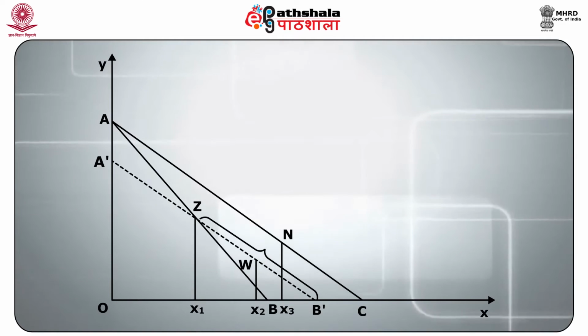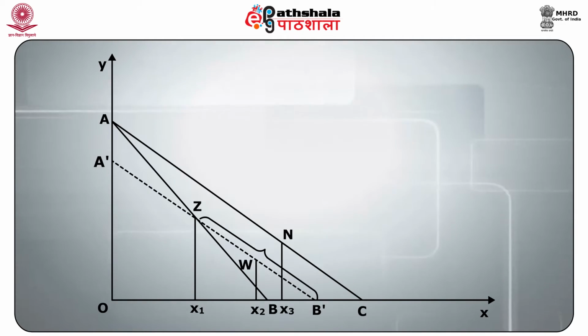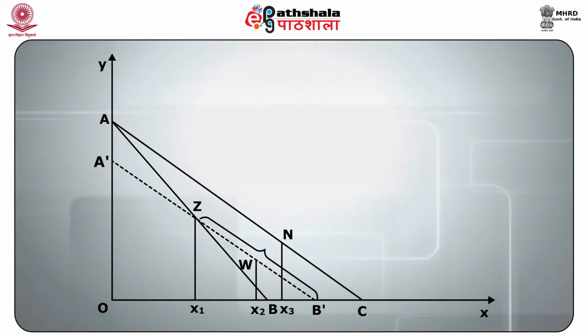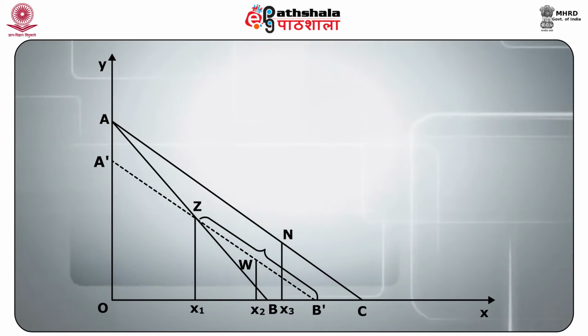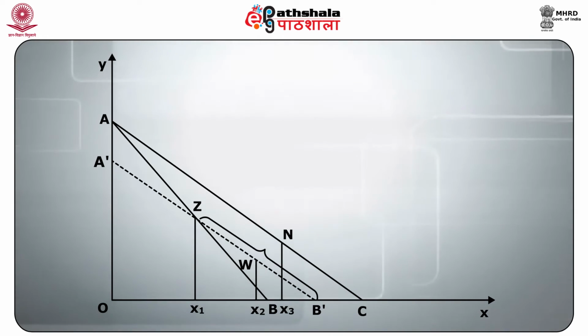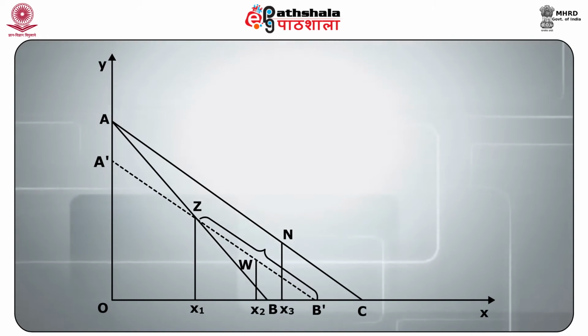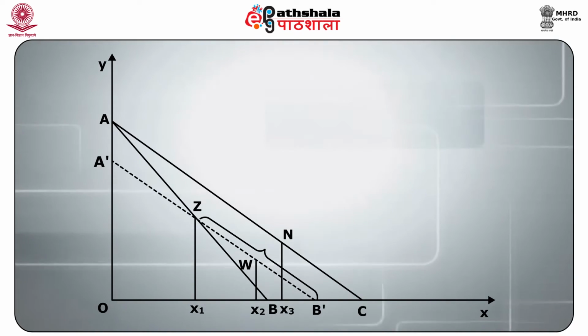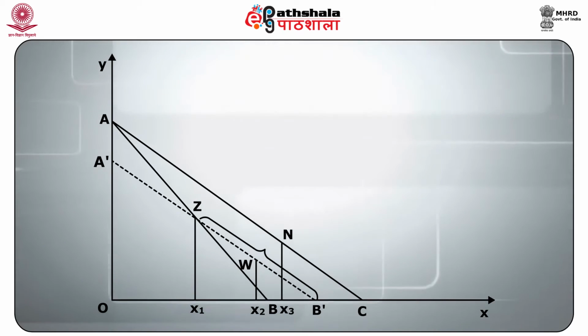Now, this seems familiar. In the ordinal utility analysis also, we considered the price effect, and the price effect is measured in terms of substitution effect and income effect. In a similar manner here, when price alone changes and income does not change, according to revealed preference, the consumer has moved from Z to W, and the consumption of X has increased from X1 to X2.